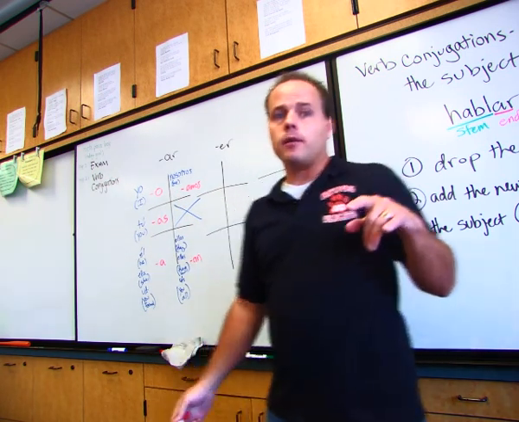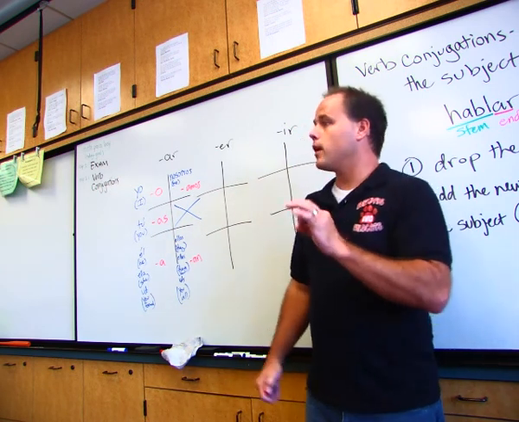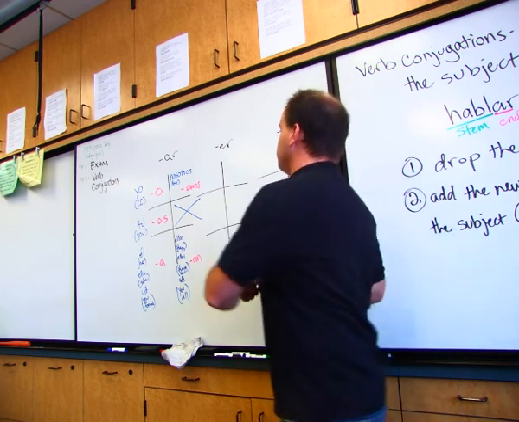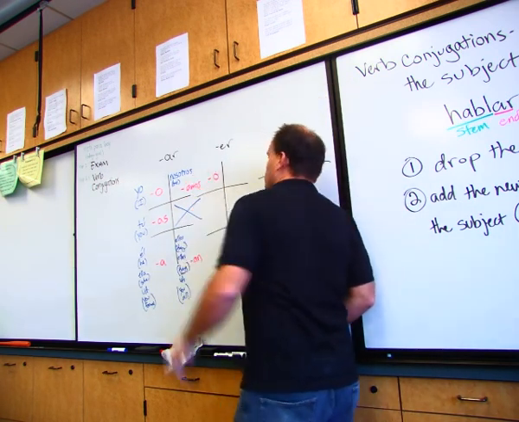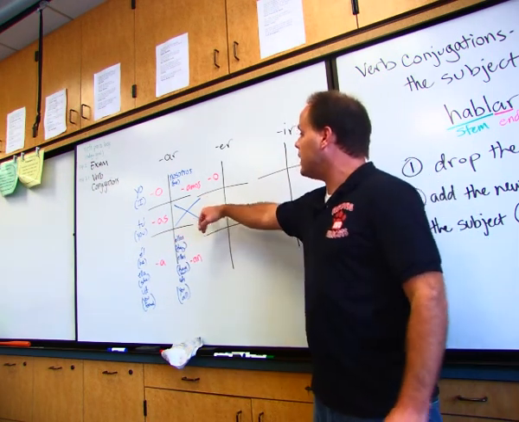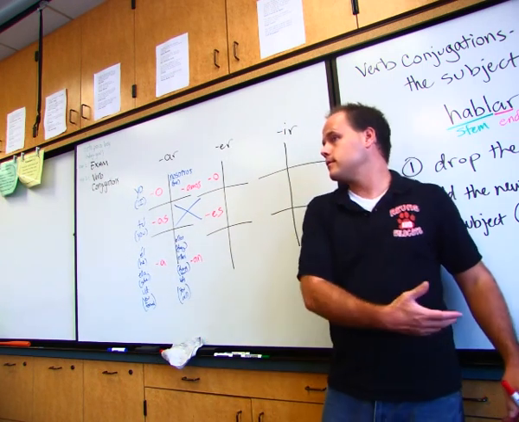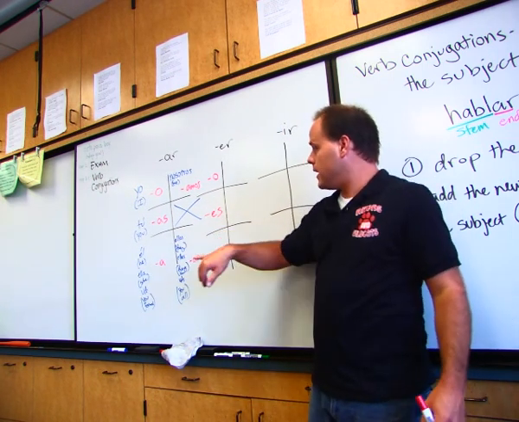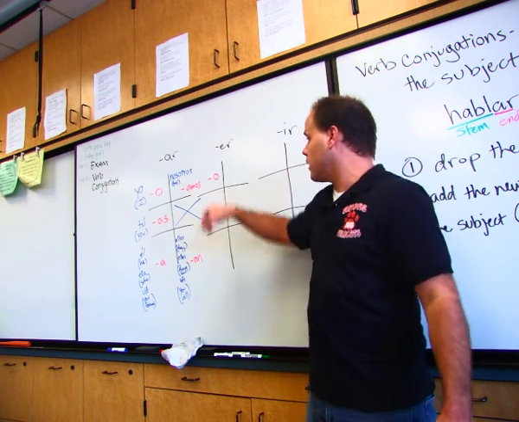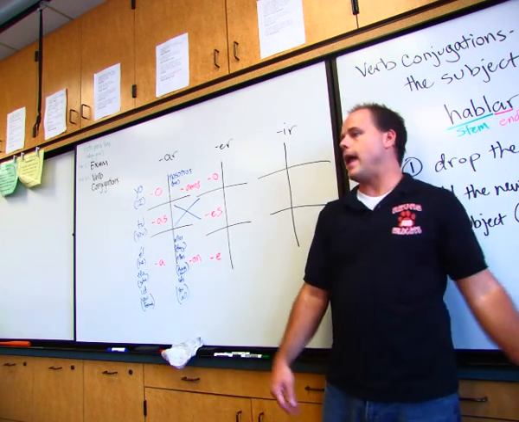Now with ER verbs, let's take the verb comer, to eat. If we want to say I eat or I'm eating, we drop the ER, and what do we add in the yo form? O. Yo como. If we want to say you eat or you are eating, we drop the ER and we add es. Tú comes. If we want to say he or she is eating, or a formal you are eating, we drop the ER and we add the letter E. Él come. Ella come.